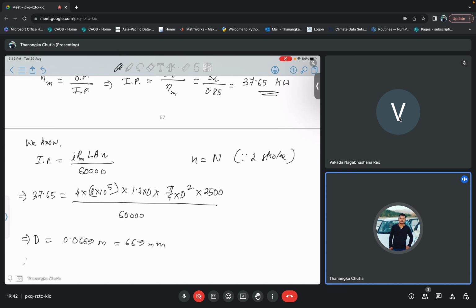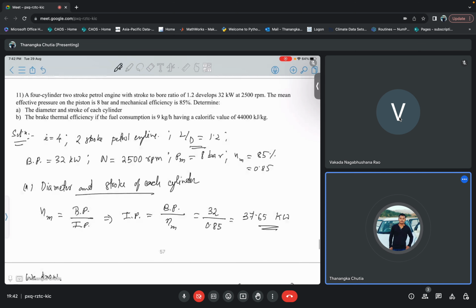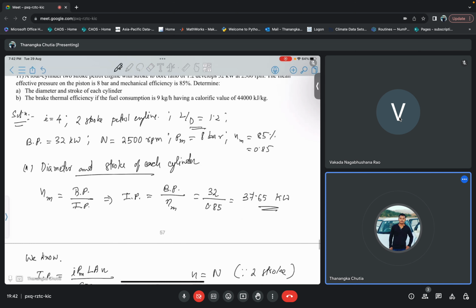Okay, so therefore L is equals to 1.2 into D, and that will be equal to 80.3 millimeter. Okay, so the stroke and the bore we have calculated. Now the brake thermal efficiency.